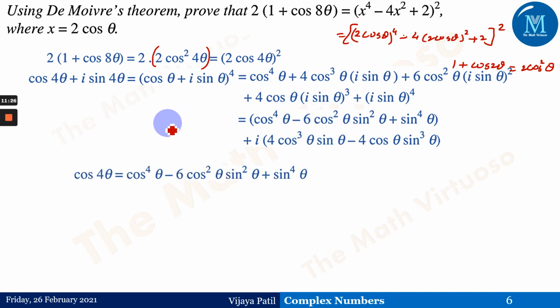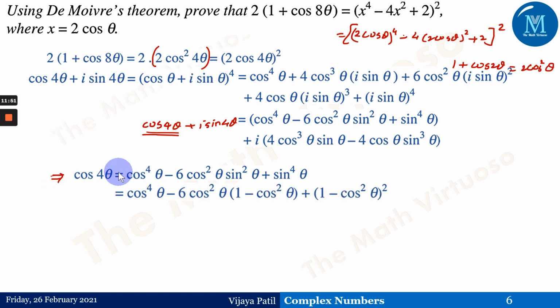After getting this identity, if you compare with cos of 4 theta plus i times sine 4 theta, you will observe that cos of 4 theta is nothing but this first bracket, because of the complex numbers, right? Therefore we can compare two complex numbers, getting cos of 4 theta as this particular identity. If you observe here, we want every term in terms of cos.